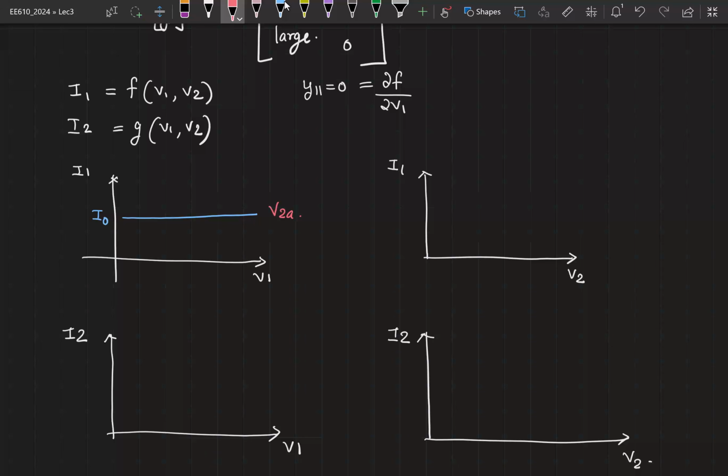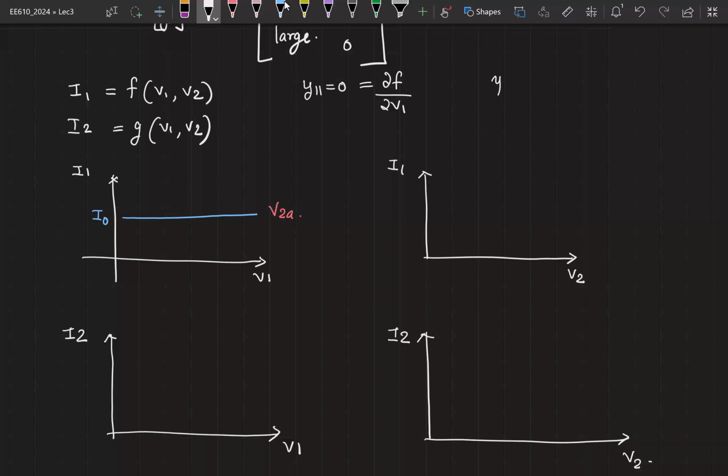Can you quickly tell me how the graph will look in I1 versus V2? So I1 versus V2, if I calculate the slope of I1 versus V2, what do I get? Y12 is 0, right?